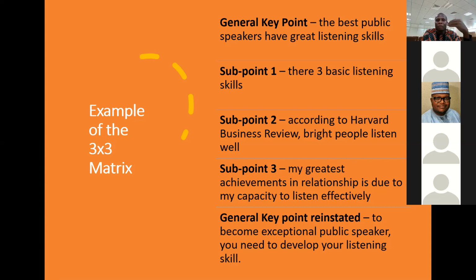And then sub point 3 simply means you now say, my greatest achievement in relationship is due to my capacity to listen effectively. And then you can start the story from when you were born, when you didn't even know your name, and then begin to talk all the way to when you toasted your wife, and then now a whole thing. So you could spend another 1 hour there if you have the luxury of time.